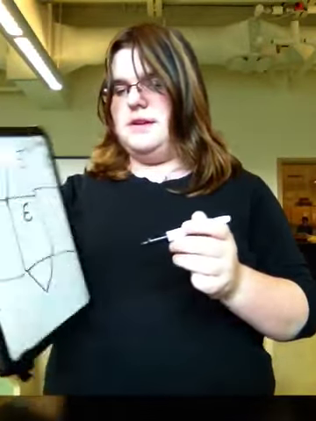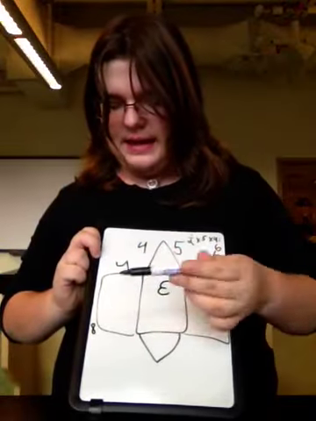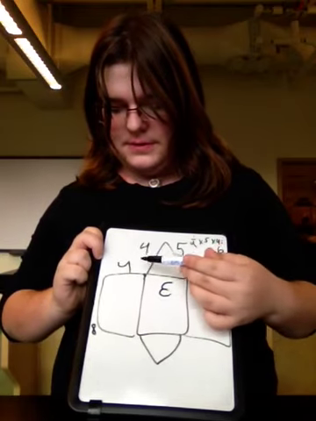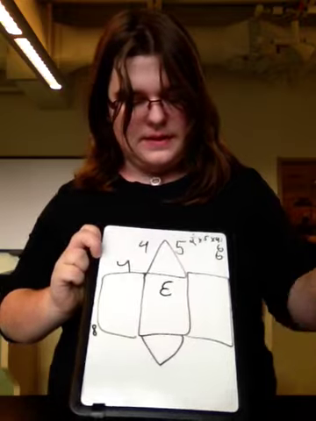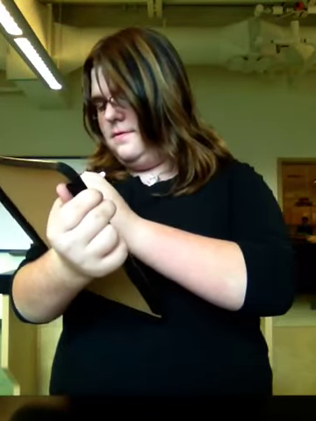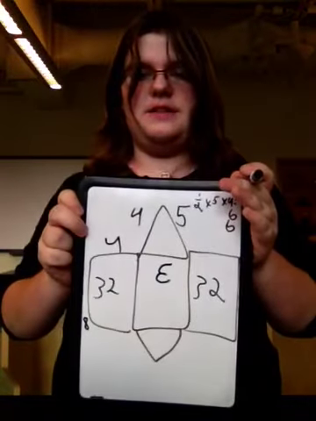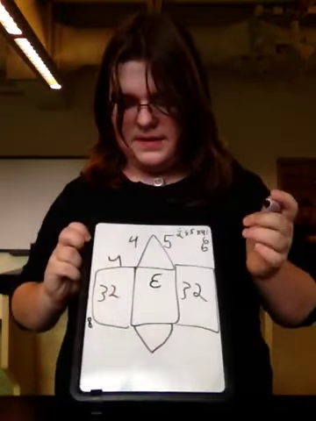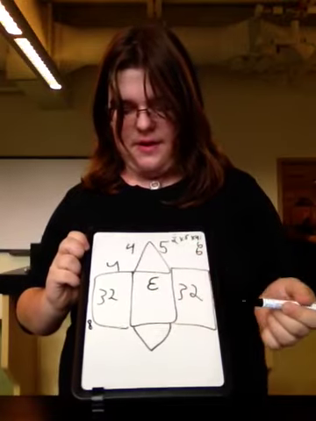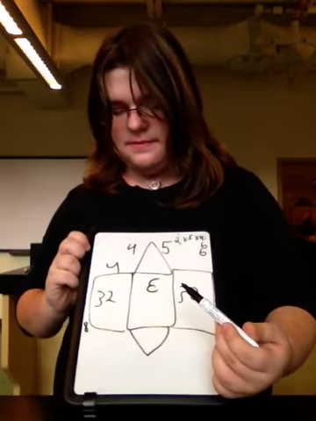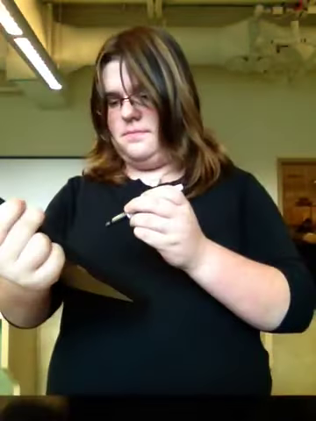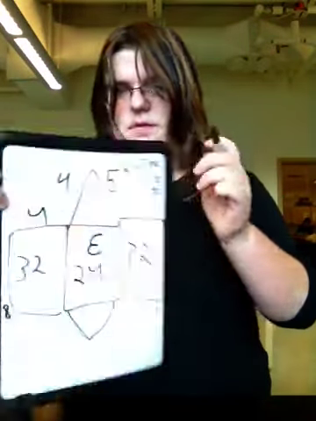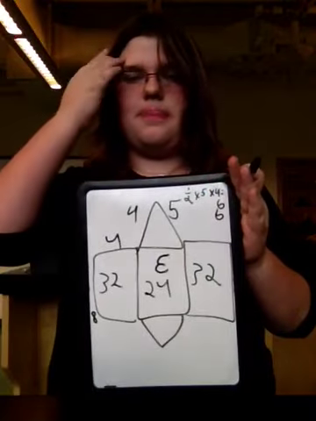Next thing that you do is take 8 times 4, and that gets you the surface area of this one and this one. And 8 times 4 equals 32. And so for the final area step, you take 8 times 3, and that gets you 24.